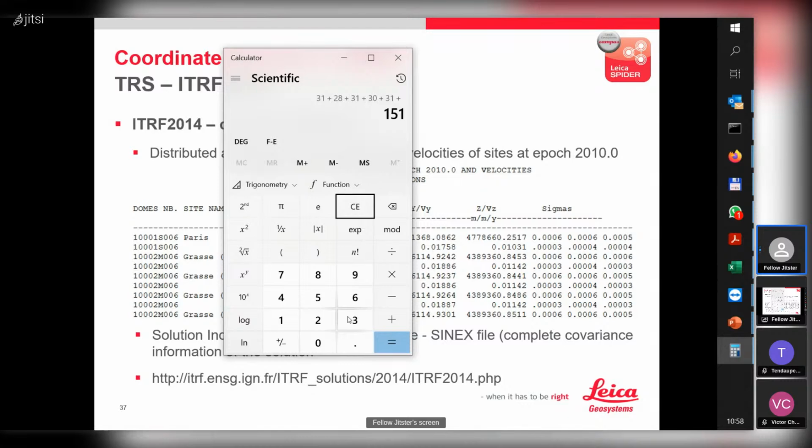So we counted 151 days from the 1st of January until the end of May.